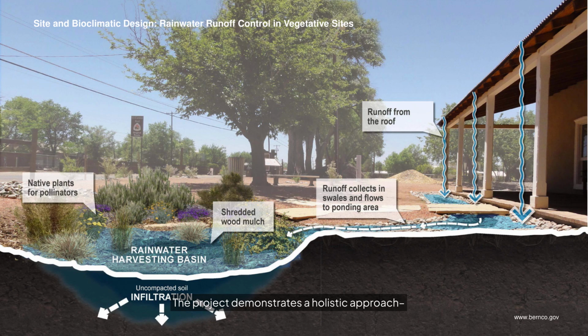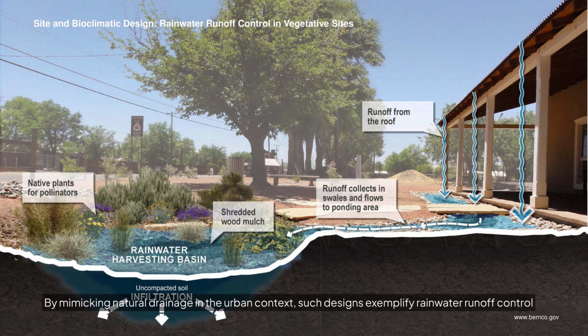The project demonstrates a holistic approach. It creates a safer, more attractive streetscape with trees and plantings, while performing serious environmental engineering work under the surface. By mimicking natural drainage in the urban context, such designs exemplify rainwater runoff control as an important flood-resilient strategy in bioclimatic site design.